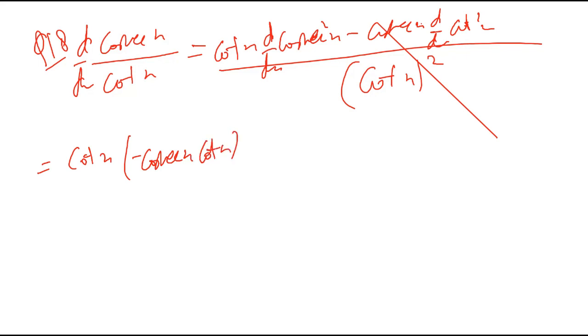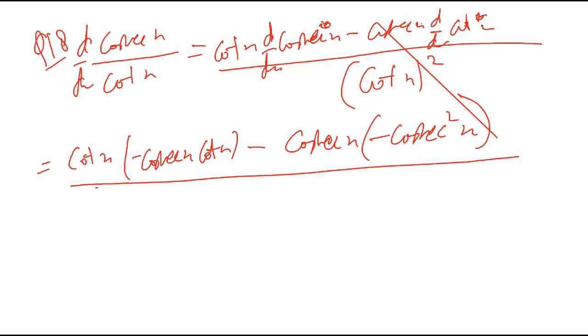Why would you put cosec square? There is no need because this is not cosec square x. This is a simple cosec x and cot x. Okay, cot x times minus cosec x cot x, and here minus cosec x, and here derivative of cot x is equals to minus cosec square x. In the denominator there is cot square x.